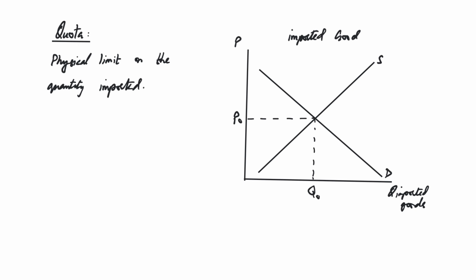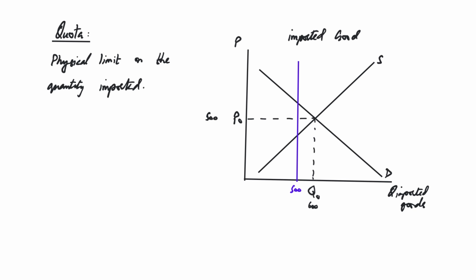नाउ लेट्स से द करंट प्राइस वाज 500 and the quantity that was being imported was about 600 units. The government intervenes और कहती है there is a quota that you cannot import more than 500 of this good.